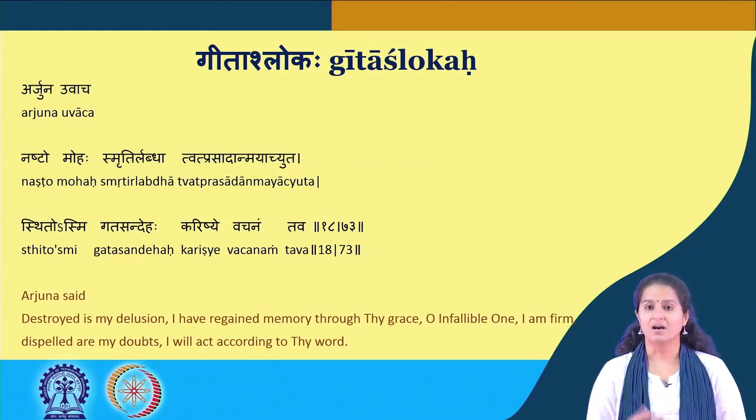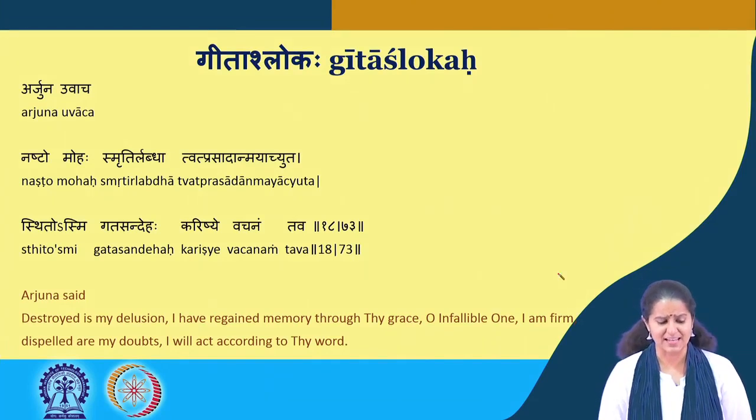So the verse says, Arjuna uvacha: nashto moha smritir labdha tvat prasadan maya chuta sthitosmi gata sandeha karishye vachanam tava. So Arjuna says, destroyed is my delusion.